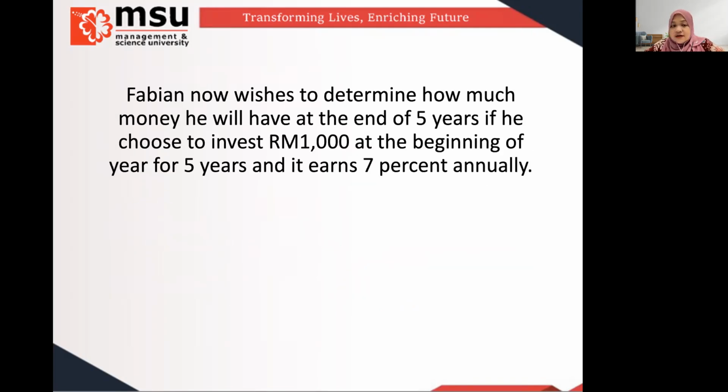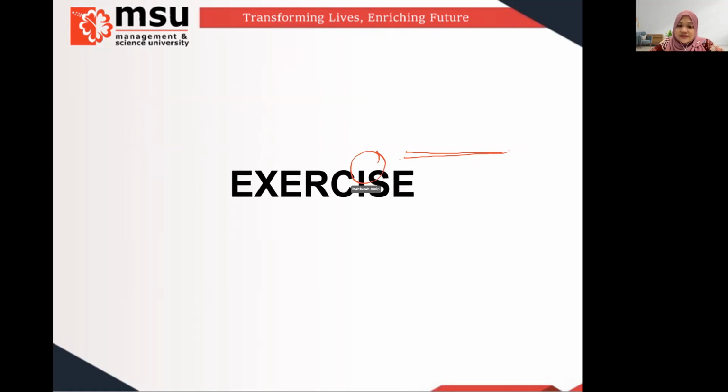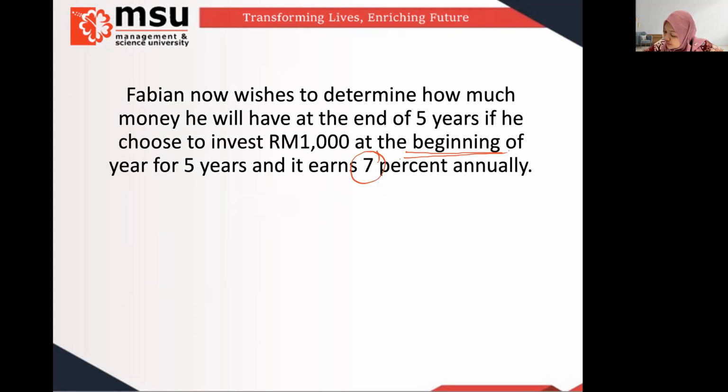So let us look at this example. Fabian wished to determine how much money he will have at the end of 5 years if he chooses to invest 1,000 ringgit at the beginning of each year. So this 1,000 ringgit will happen at the beginning of each year for 5 years. And the earning is 7% annually. So every year for 5 years, Fabian invests 1,000 ringgit.